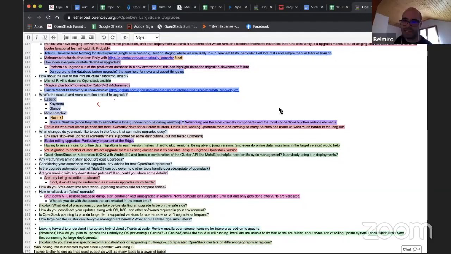Right. But actually what this means is upgrades are working and people are actually upgrading. So I suspect that upgrades are getting easier for people to do. Yeah. Our newer clusters we've found to be much easier to upgrade than our older ones.